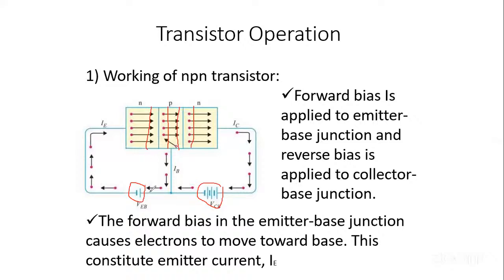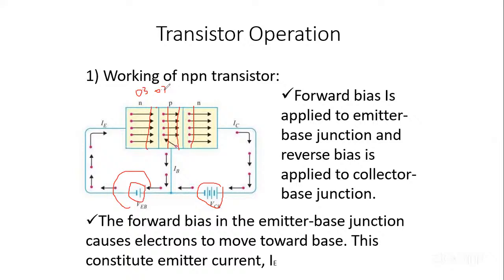So the application of this forward bias will collapse this junction. But before that happens, like I said before, for germanium we have 0.3 volts, and for silicon we have 0.7 volts.